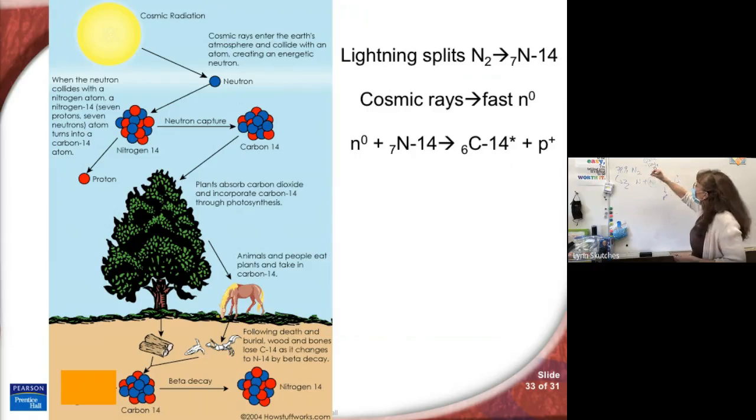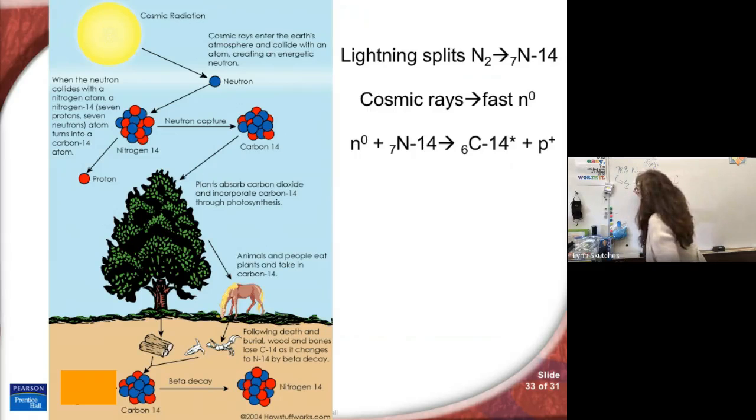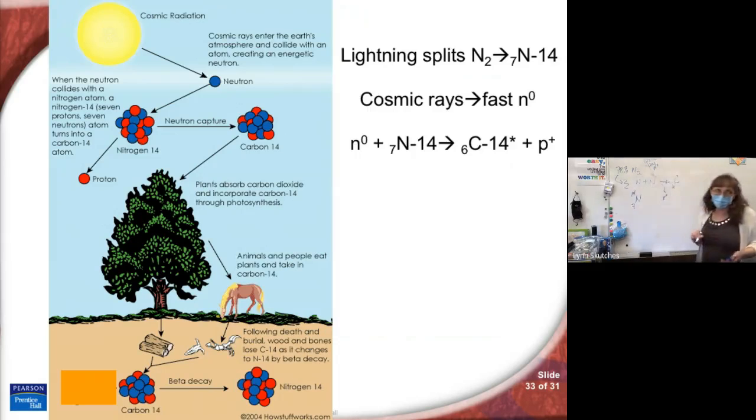So remember, nitrogen is element 7. The most common form of nitrogen is 14. What does that mean? It means it has 7 protons and 7 neutrons. If a proton comes out and a neutron goes in, you're not nitrogen anymore, you're carbon-14, and that's radioactive.